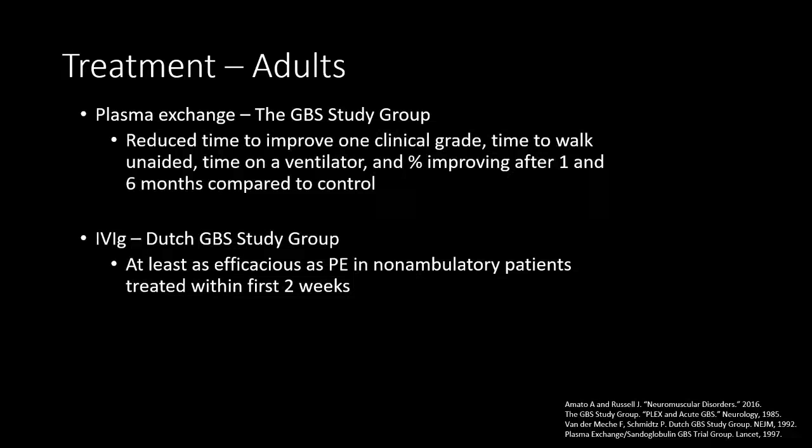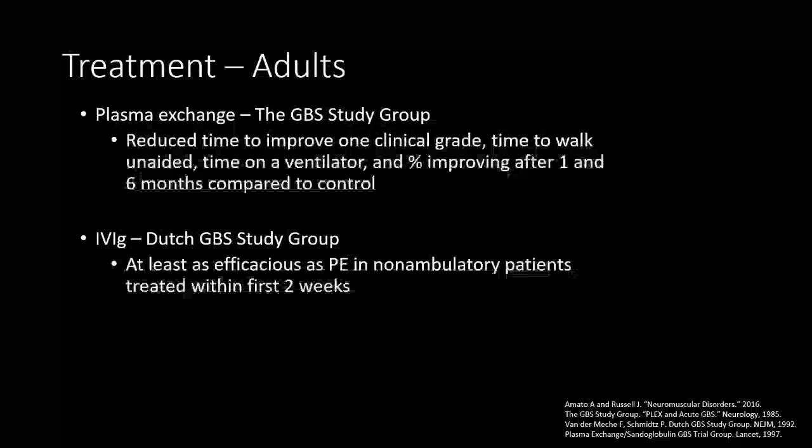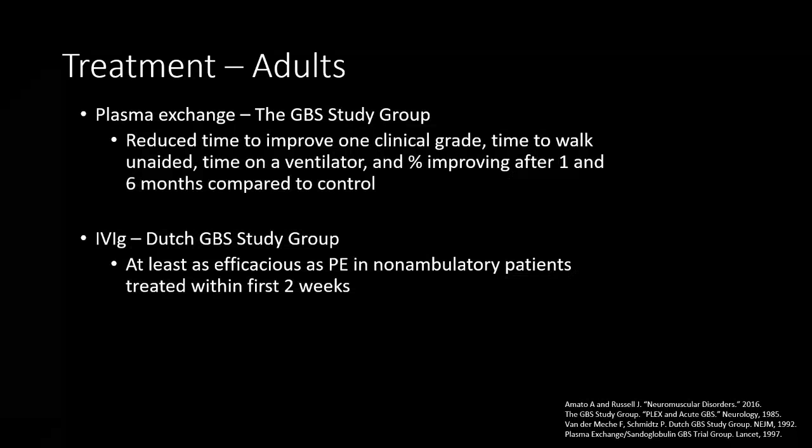Next, IVIG was looked at, and because it had been shown that plasma exchange was effective, they, of course, just compared the IVIG to plasma exchange and found that IVIG is at least as efficacious as plasma exchange in these severely affected patients when they were treated early on.